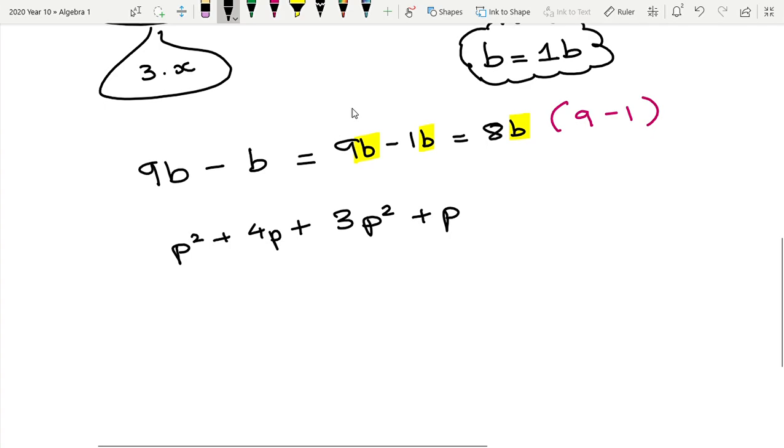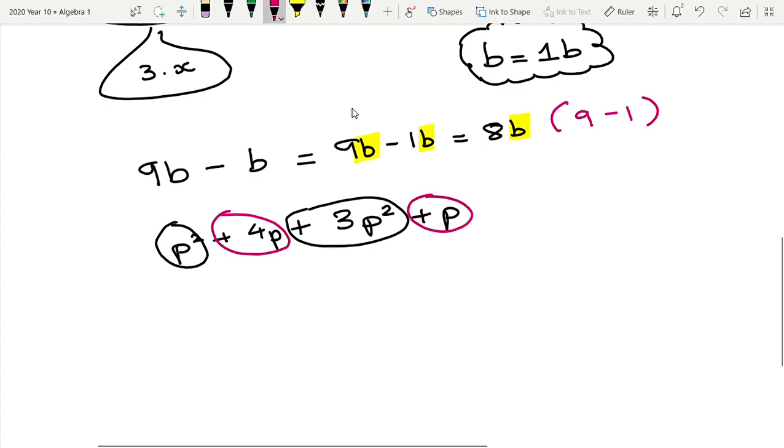So firstly, I'm going to group the p squared and the 3p squared. This I put in one group. And another group I'm going to put is plus 4p. Remember the sign belongs to the number behind it. So this plus here belongs to 4. And similarly, this plus here belongs to 3. And this plus here belongs to p. So there you go. I've grouped already.